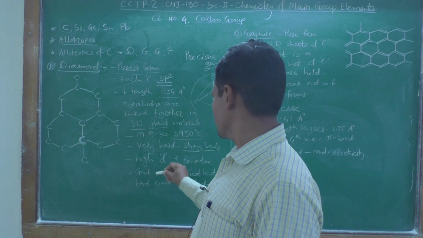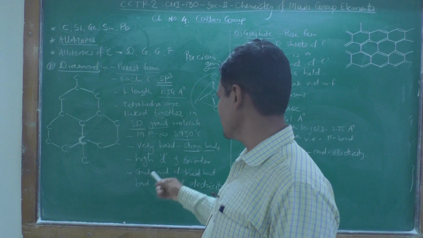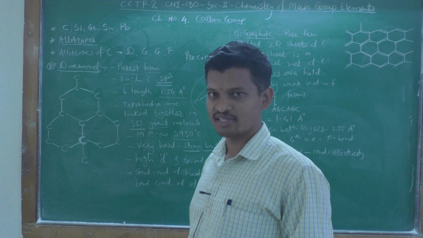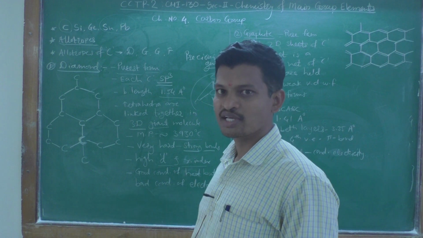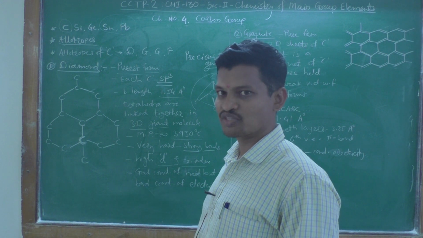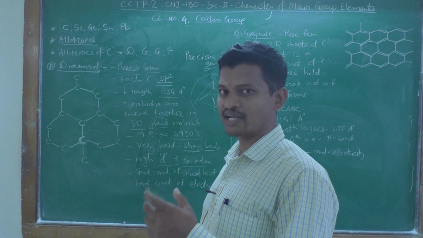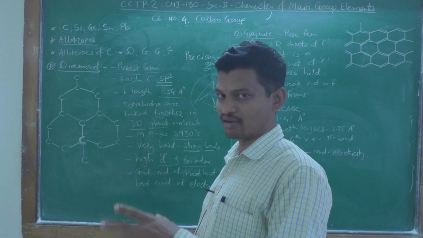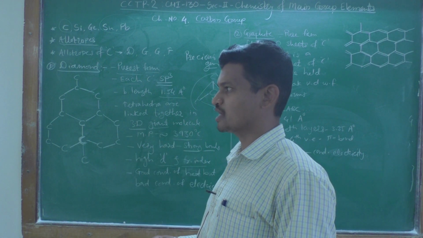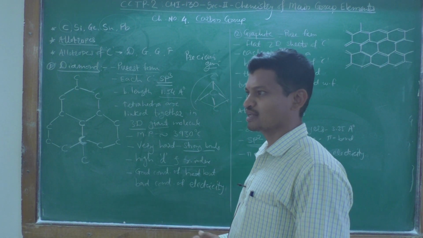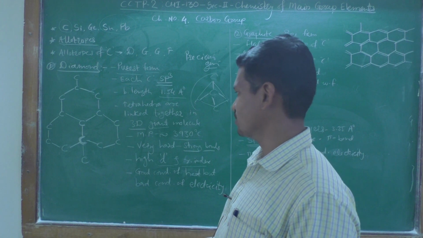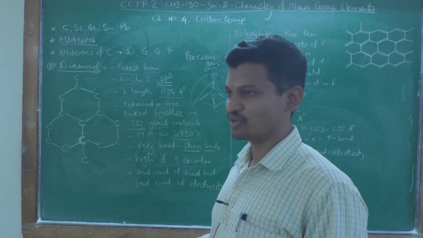Then it has high density and a high refractive index. As the refractive index is very high, it is very attractive and very clear. That's why people are attracted towards diamond, in gems and jewelry.